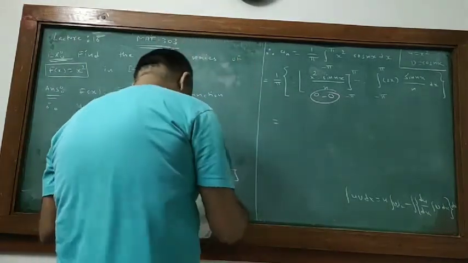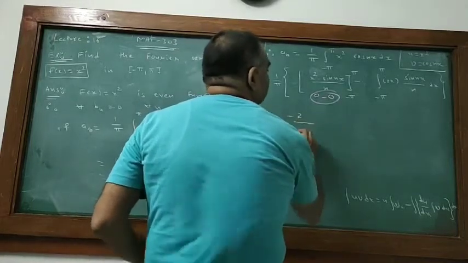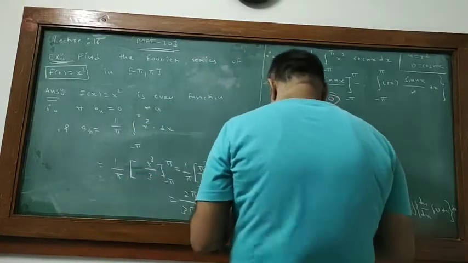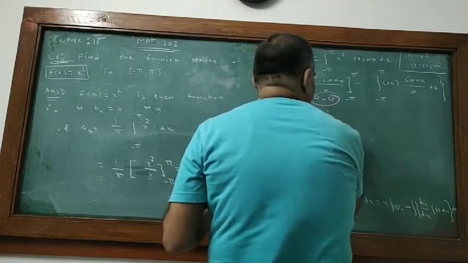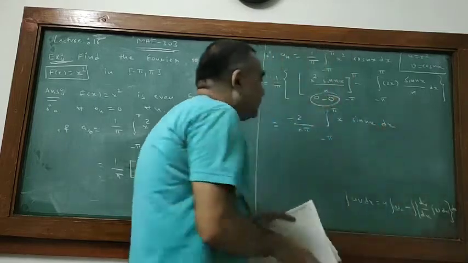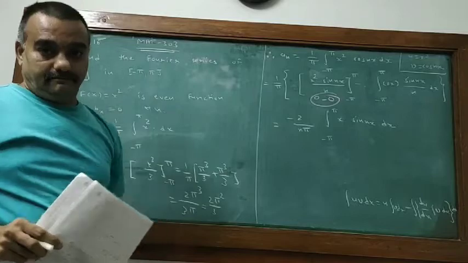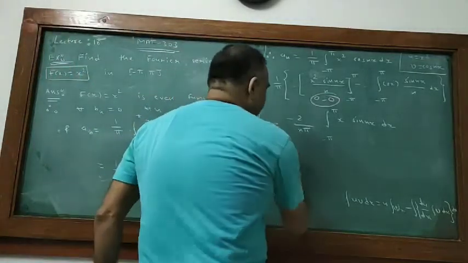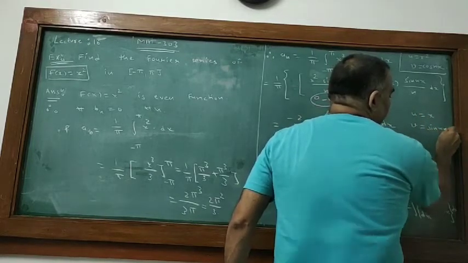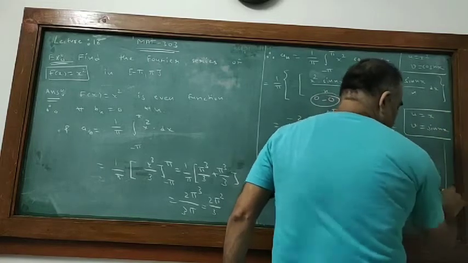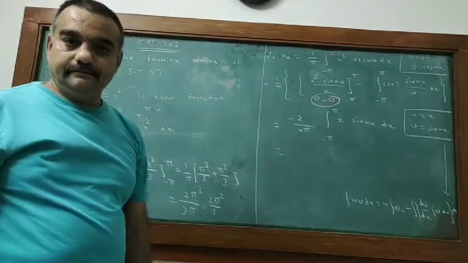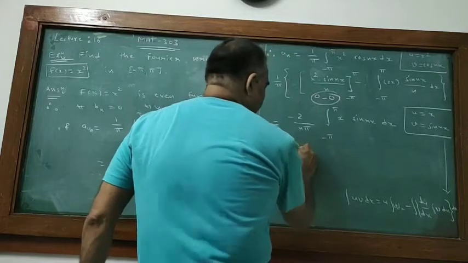So now we have to deal with this sum. So this is equal to, again here we take and we are going to apply this formula. So this is equal to minus 2 upon n pi.